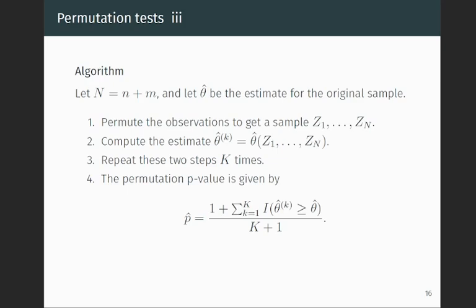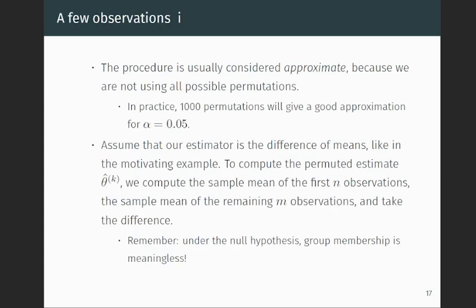Okay, so the second step here requires a little bit more details. So what would it look like in the case of a two-sample comparison? Oh, I guess, sorry, before moving to that, an observation. So first of all, I just want to point out that this procedure is considered approximate because we're not using all possible permutations.